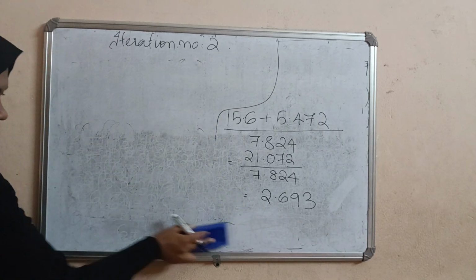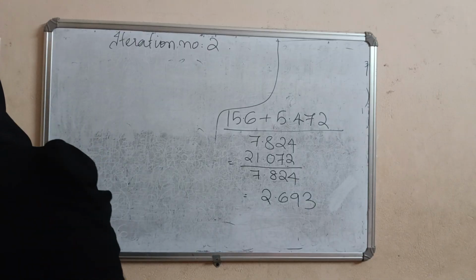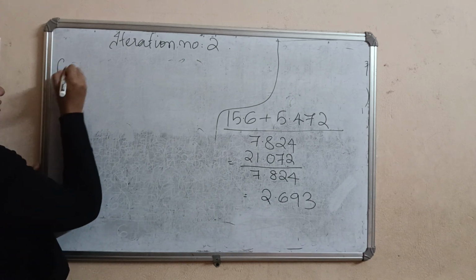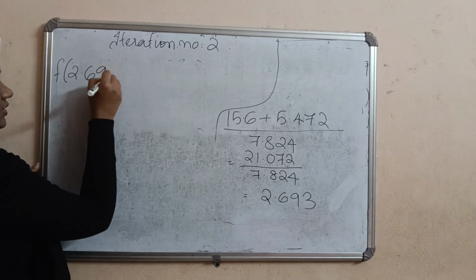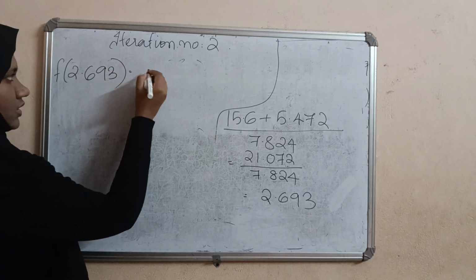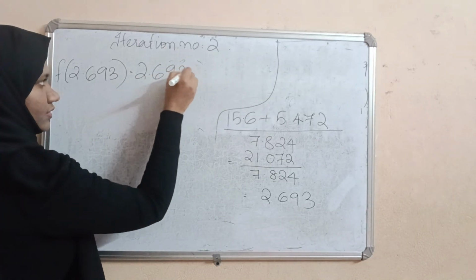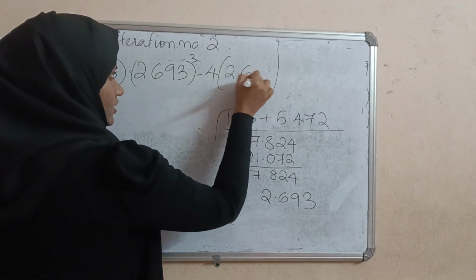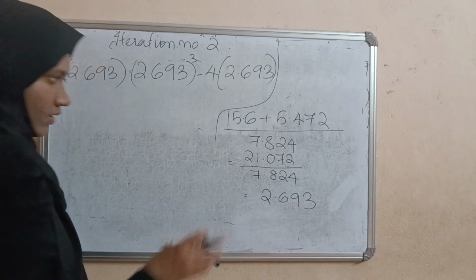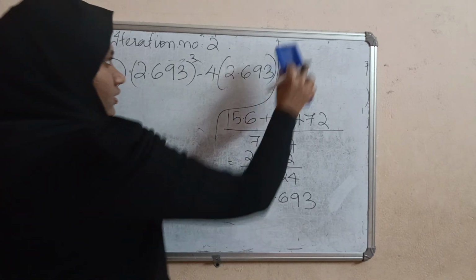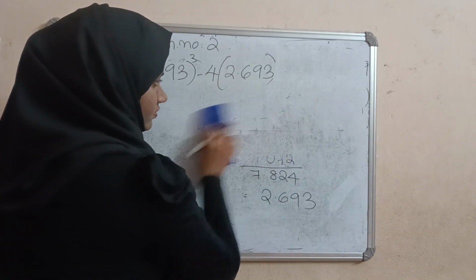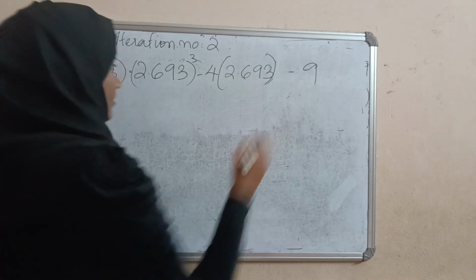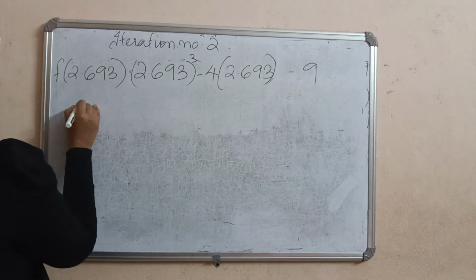So f of 2.693 is equal to 2.693, the whole cube, minus 4 into 2.693, minus 9.